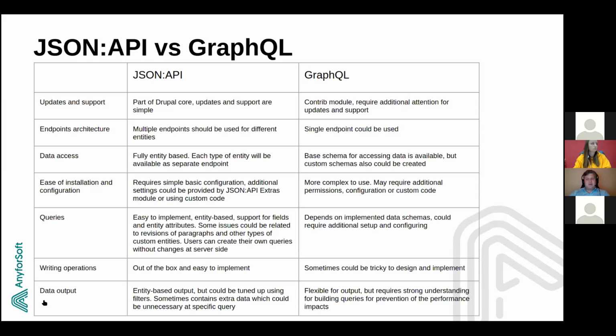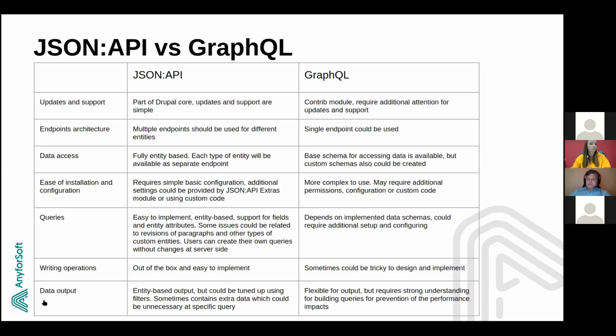When we enable the module, it does basic configuration by itself, and we will see only a list of the endpoints for use, and all of these endpoints are already available for reading operations, also for writing operations.